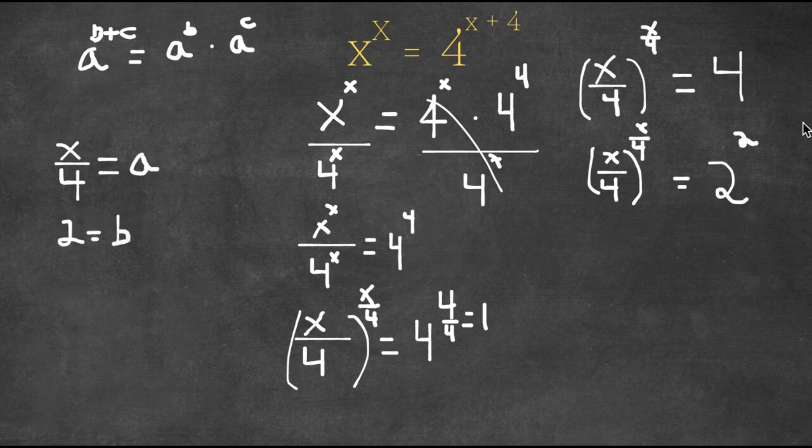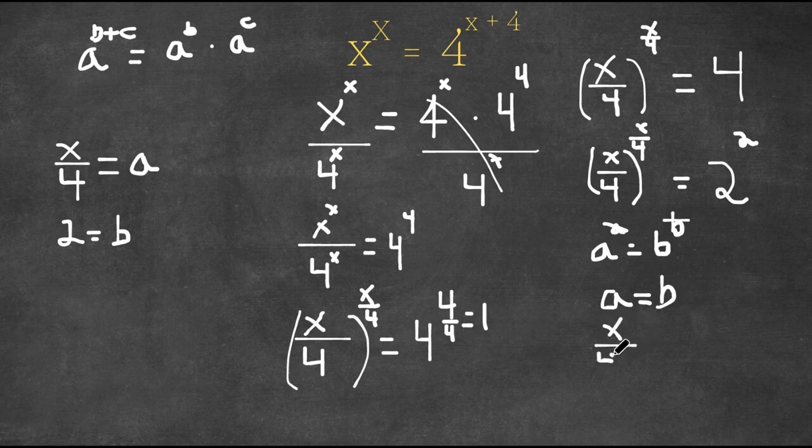Then this would be a to the power of a equals b to the power of b. And that means we can simply cancel these exponents out, and this would result in a equals b. And as we know, a is x over 4, right? And b is 2. So now, as you can see, we have a simple equation.